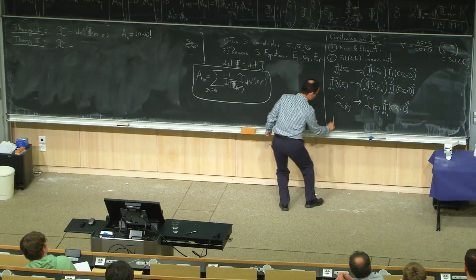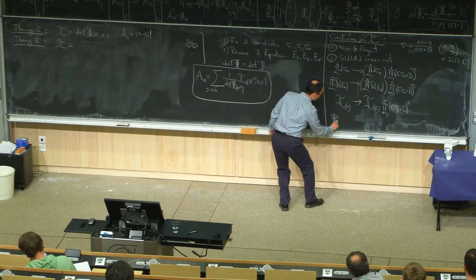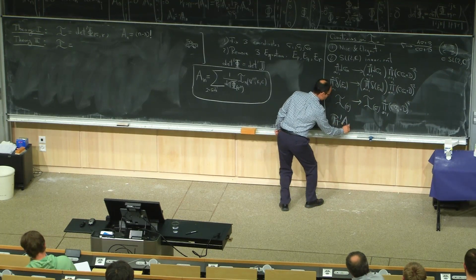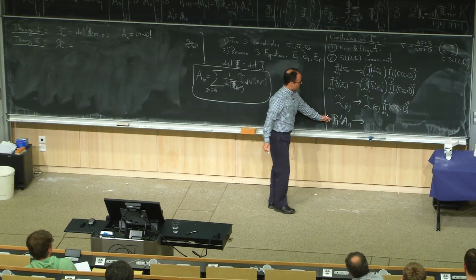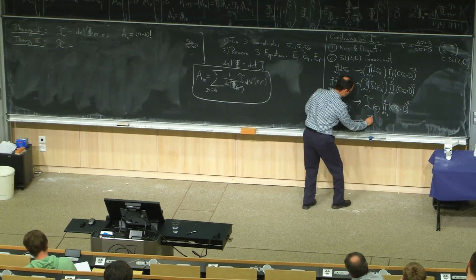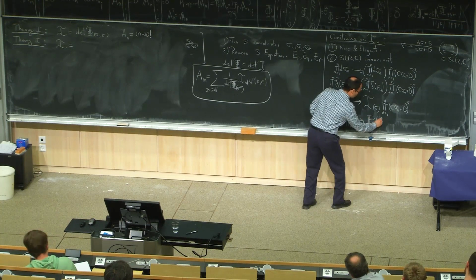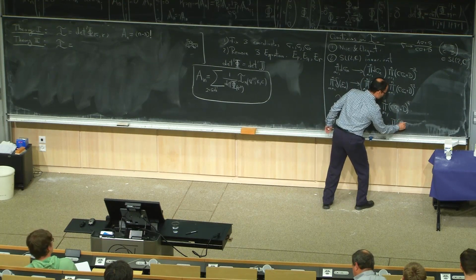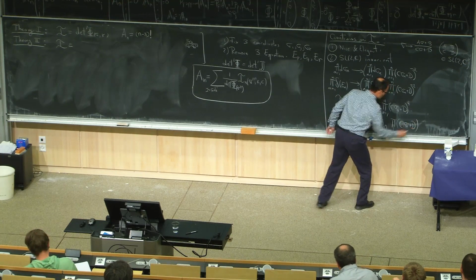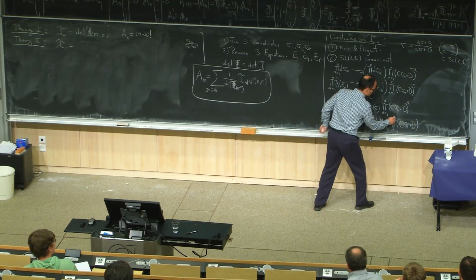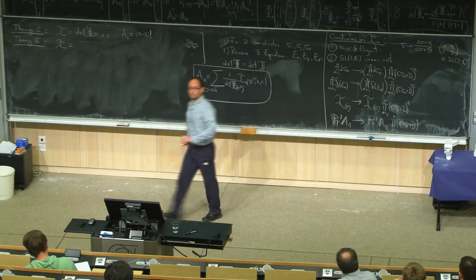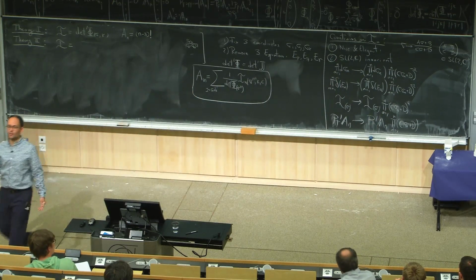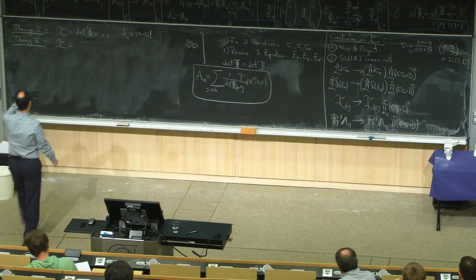So Pfaffian prime of A turns out to carry one unit. So you have to put 4 of them. Well, why not?